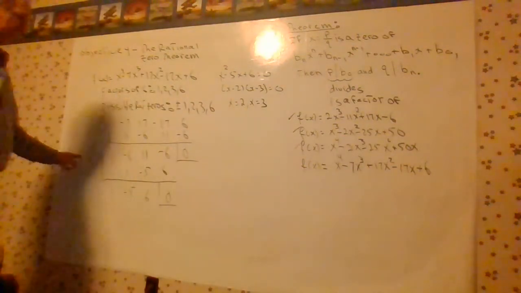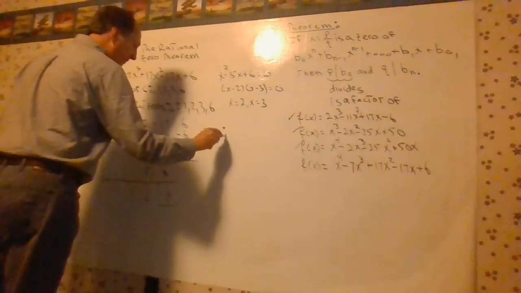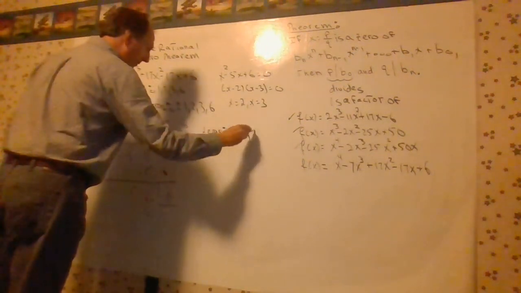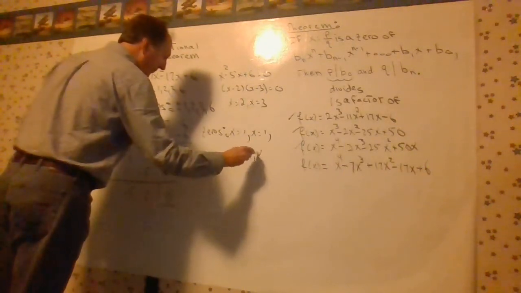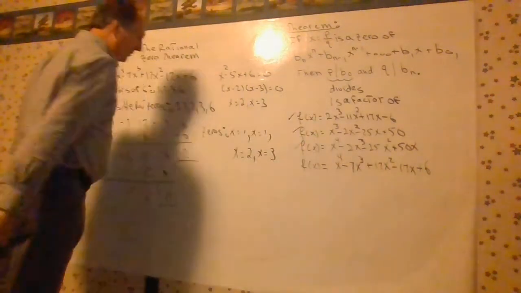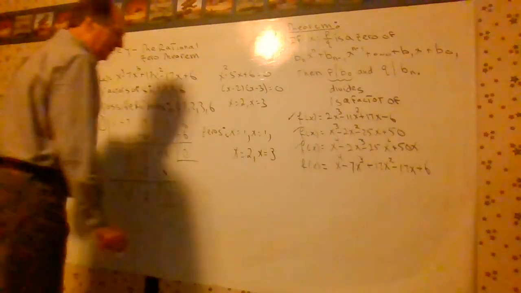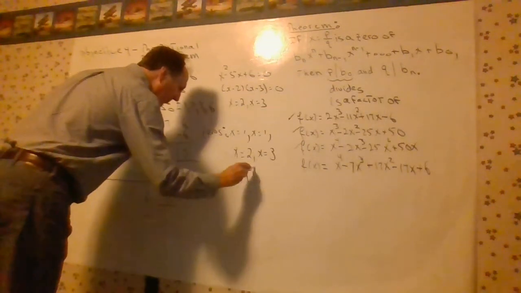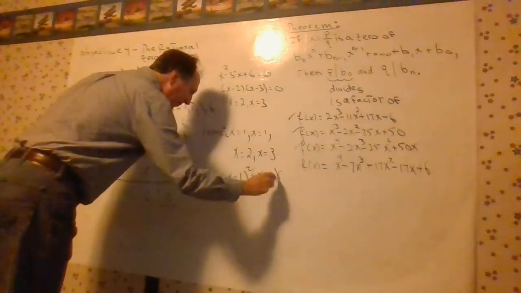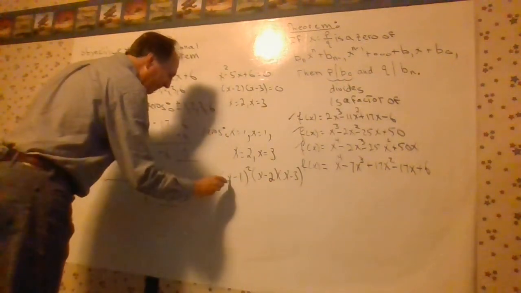Now if we want all the zeros, you really have x equals 1, x equals 1, x equals 2, x equals 3. And this can be rewritten as x minus 1 squared, x minus 2, x minus 3.